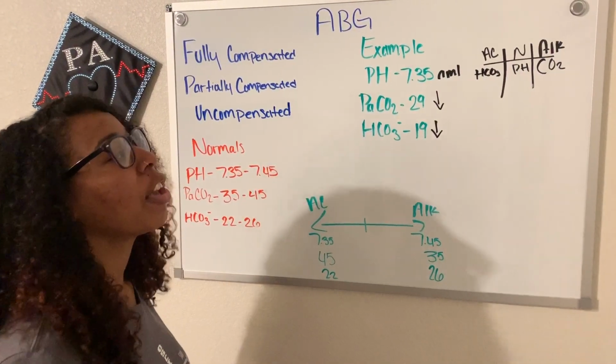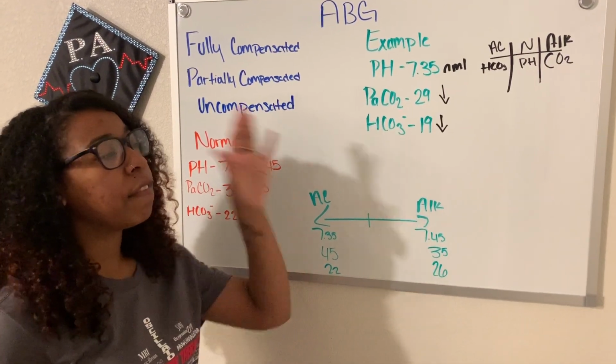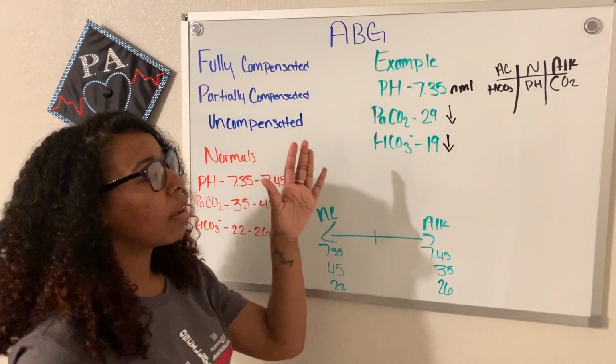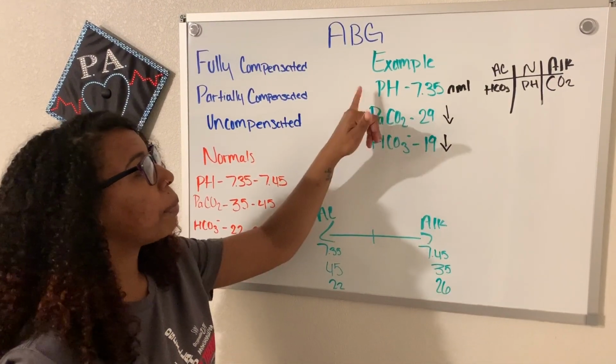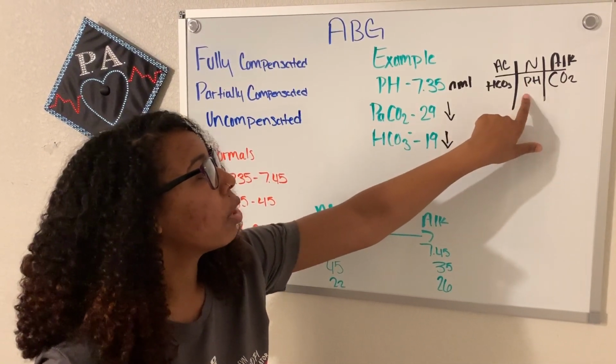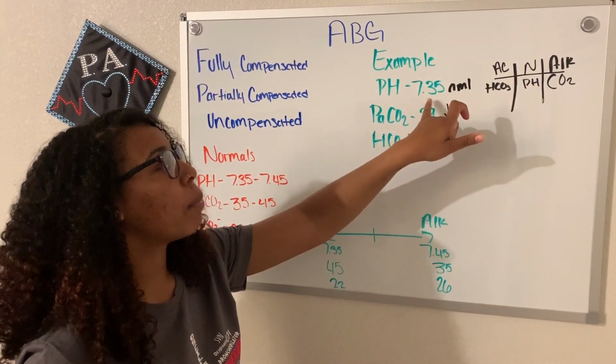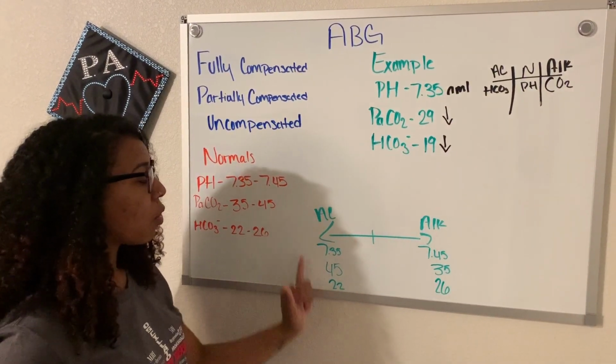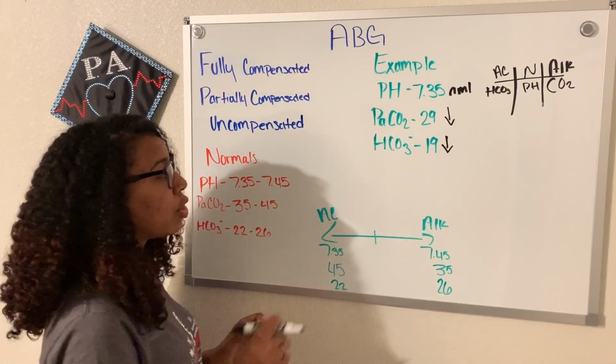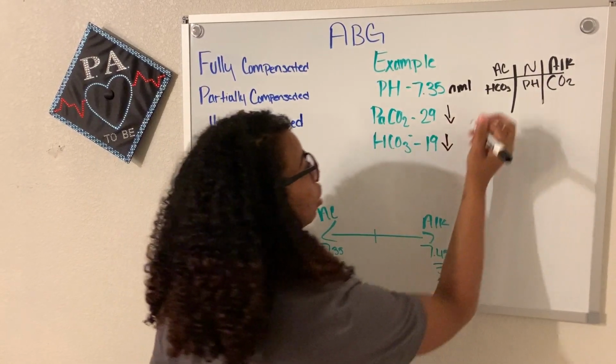Now, how can we tell if it's metabolic or respiratory? This is how we're going to tell. pH. Even though it's normal, the value is 7.35, which falls on the more acidic side. So we're going to put pH over here.